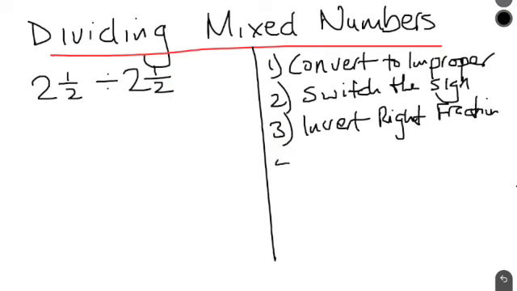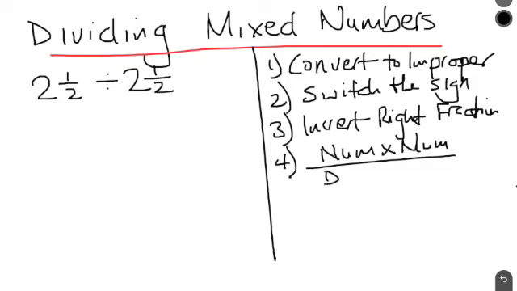And then once we do that, now we carry on as though we're multiplying fractions, and that is we multiply all of the numerators together and then divide it by all of the denominators together. Okay, so I'll show you that procedure.